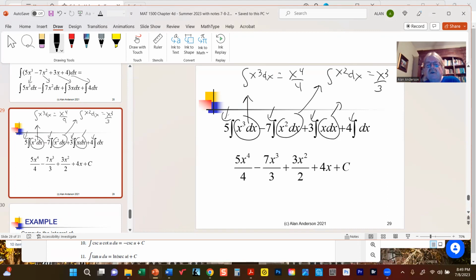This is x squared over 2. And this is just x. Now, don't forget about these constants, though. Actually, what I probably should have done is this.